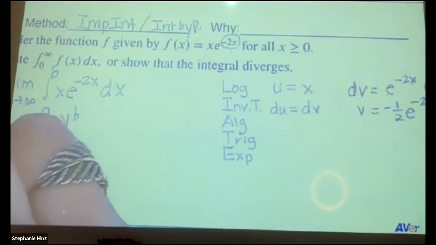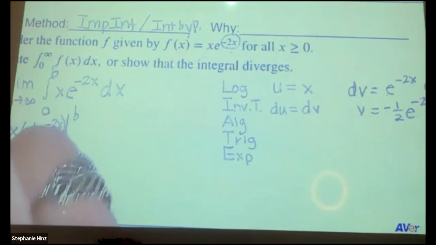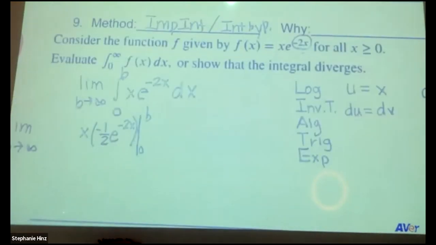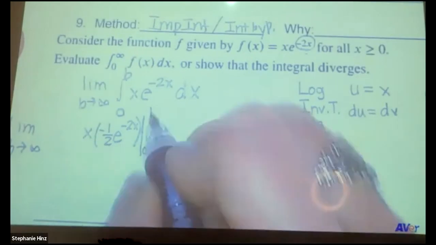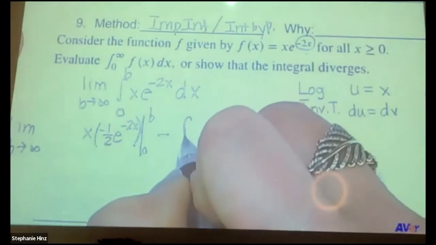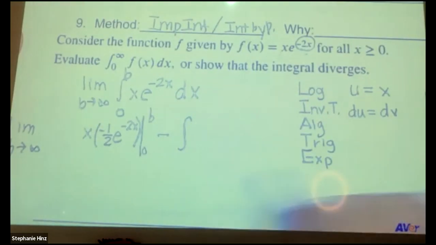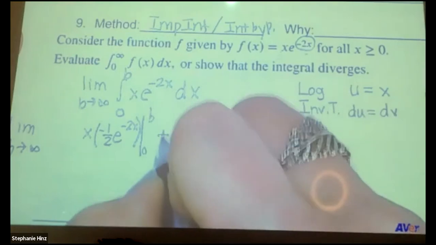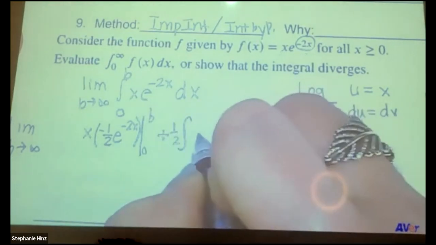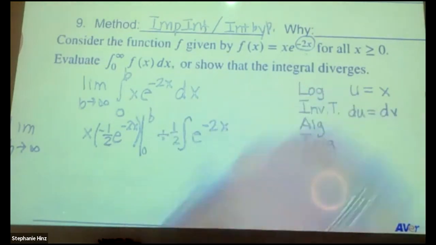And out here in the front, I still have a limit. Minus, then we've got the integral of v du. So my v value is negative 1/2, and I've got e to the negative 2x.